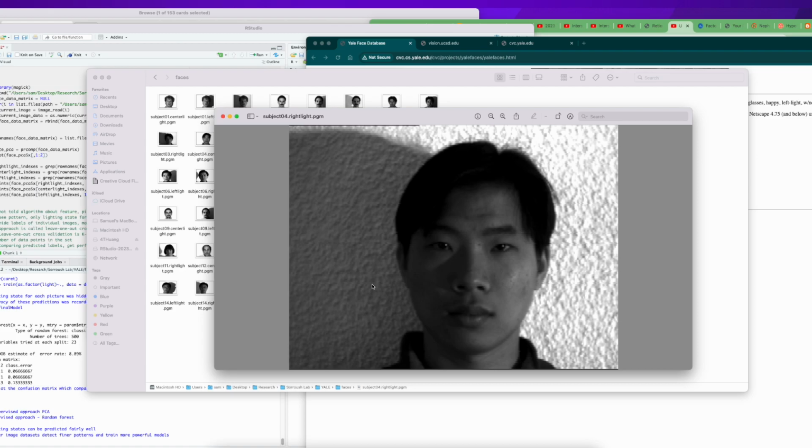And through training, it's going to recognize that the areas with more dark on our left side, on his right side, means the light is shining from our right side, or his left side. So this light will cast a shadow, and the machine algorithm will determine that the light is coming from the right side.